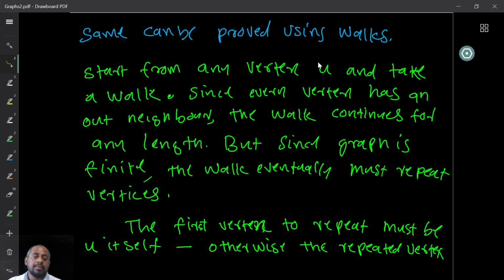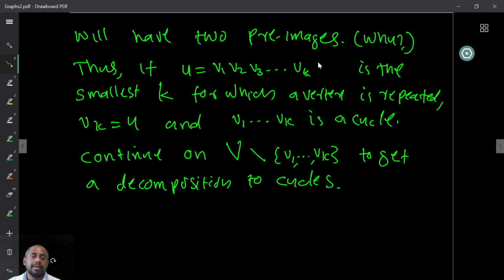Now, the first vertex that repeats must be the vertex u itself, because otherwise the repeated vertex, as we said, will have two pre-images. Now, because of this, we come back to the vertex and find the smallest k for which the vertex repeats. That vertex must be the vertex u itself, and therefore v1 to vk is a cycle. So again, continue with V minus the vertices we have already covered, and then you get the decomposition.